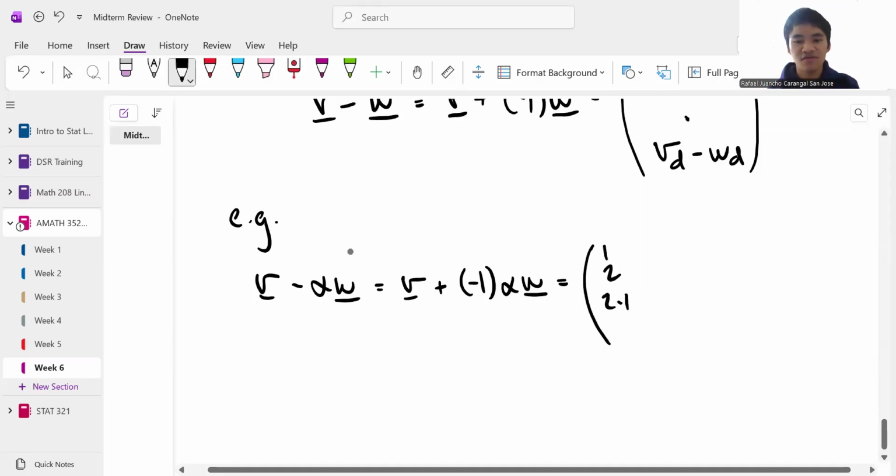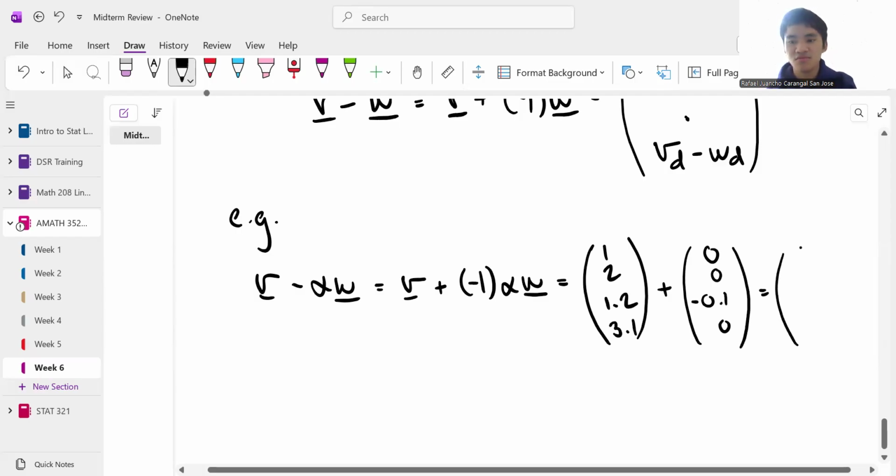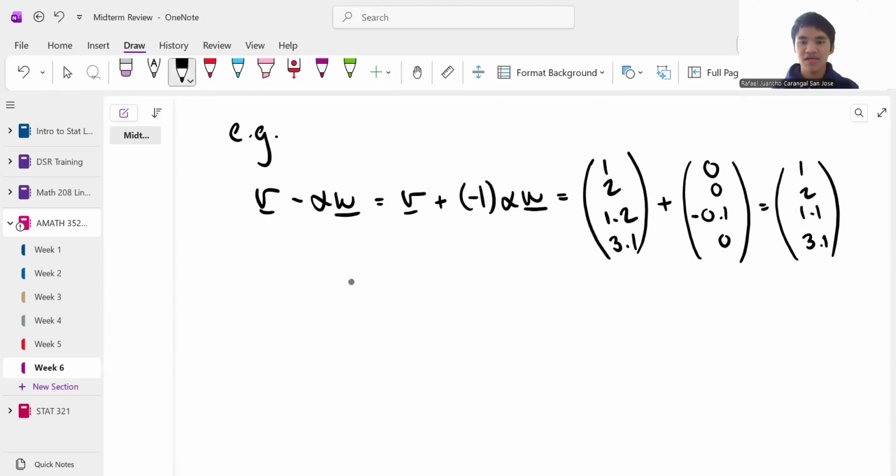So now we're just writing the vectors themselves: 1, 2, 1.2, 3.1 plus 0, 0, -0.1, 0 equals 1, 2, 1.1, 3.1. Okay, and that's it. So far, so good. I hope so.